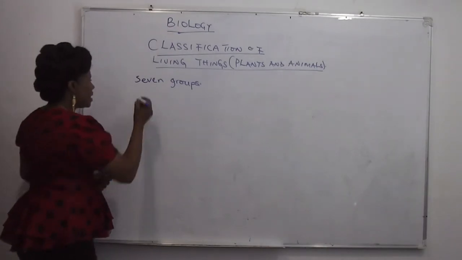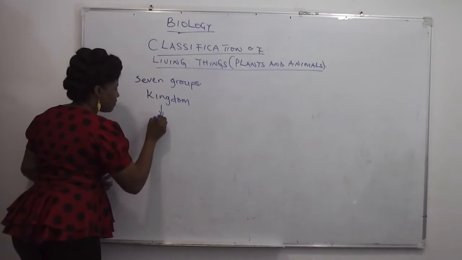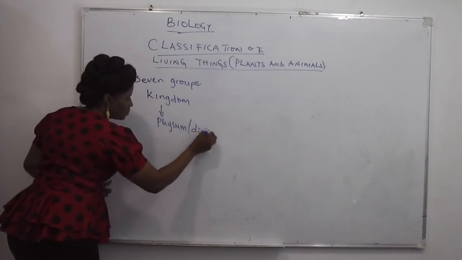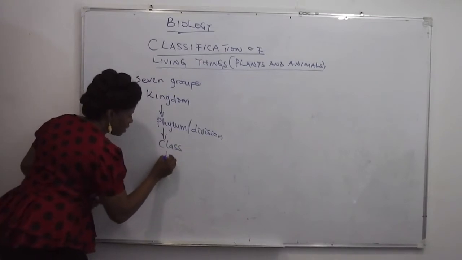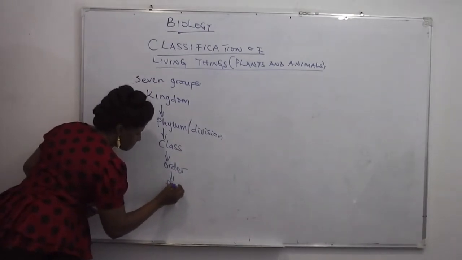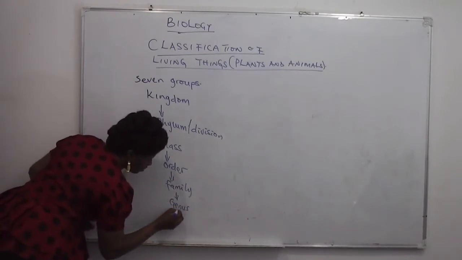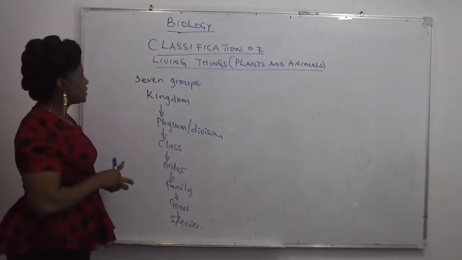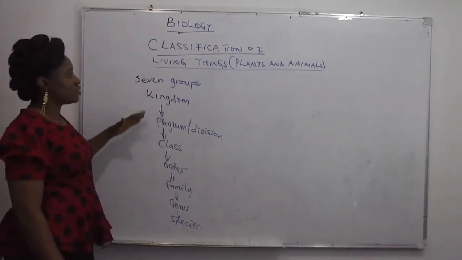The first hierarchy is the kingdom, followed by phylum or division, after which we have class, then we have order, we have family, and we have genus, and we have species. These are the hierarchy of classifying living things, or the 7 groups involved in classification of living things.